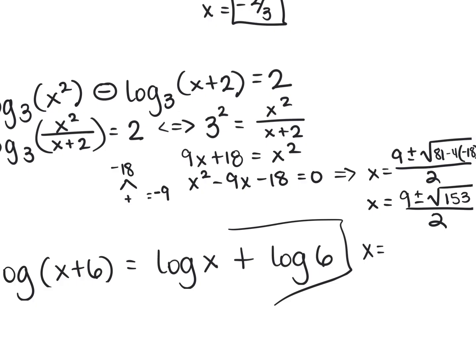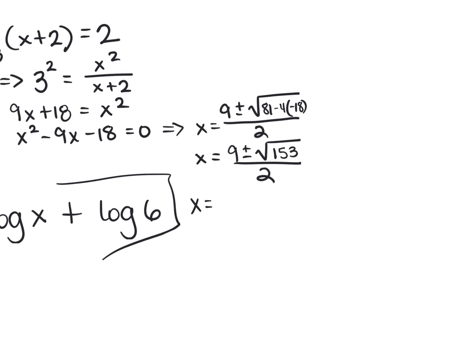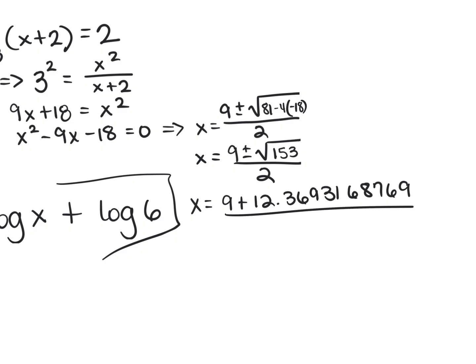So we're going to have 9 plus 12.36931768769. And we're going to divide that by 2, and we're also going to do the negative. So we're going to do these together.